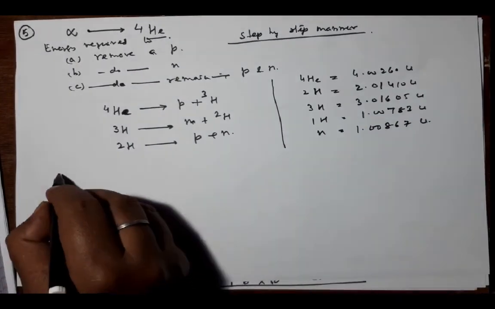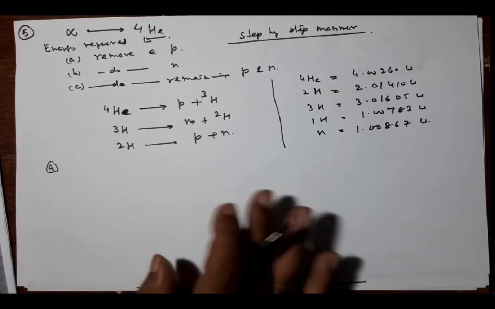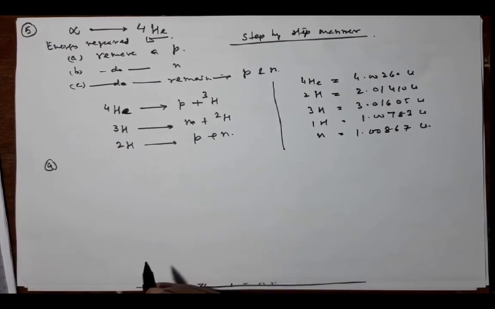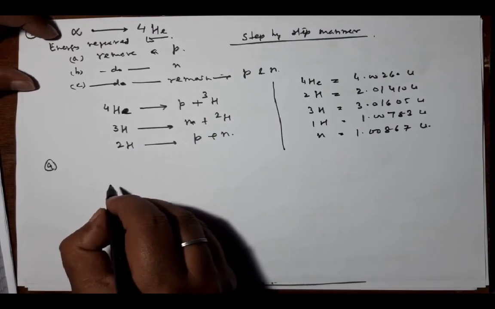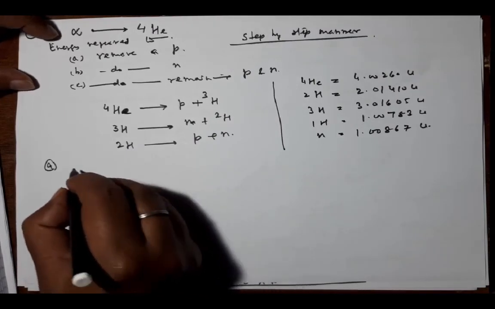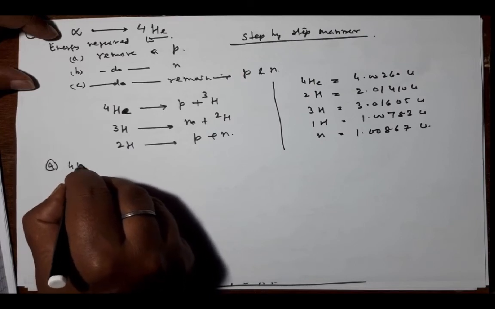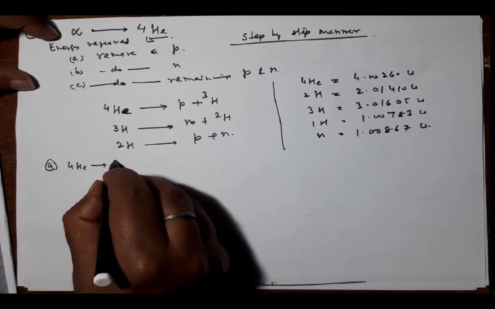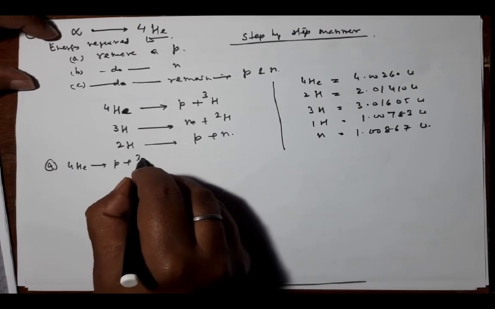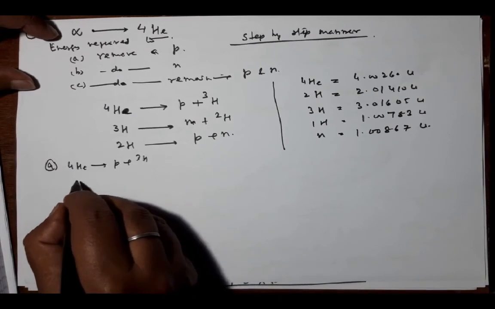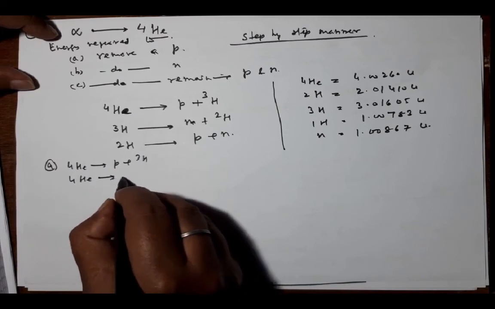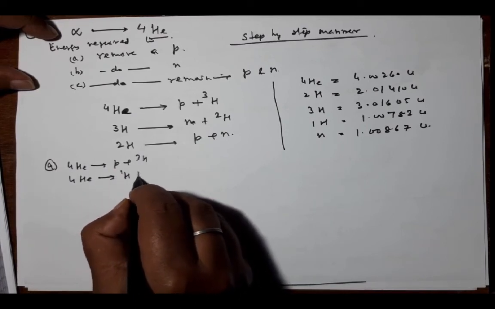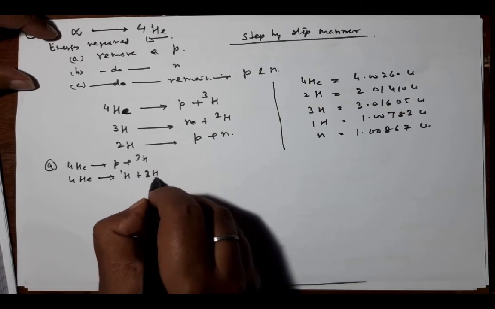So now find out A. A is 4He, but this A is nothing but 4He going to P plus 3H. We can write out this as 4He going to 1H plus 3H.